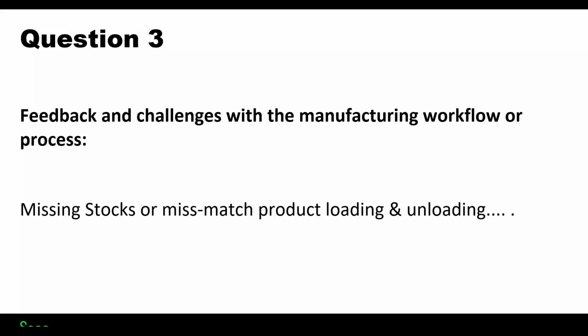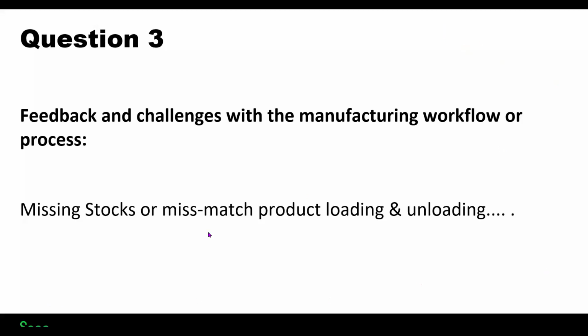Okay. The next question is, what is the missing stock and mismatched product loading and unloading here? Typically, I assume this is referring to the result of incorrect or improper stock count. When we do stock counts just using pencil and paper, using maybe the IC physical inventory, there would be mistakes along the way, whether it's an incorrect item being updated, or an incorrect lot or serial number being uploaded.